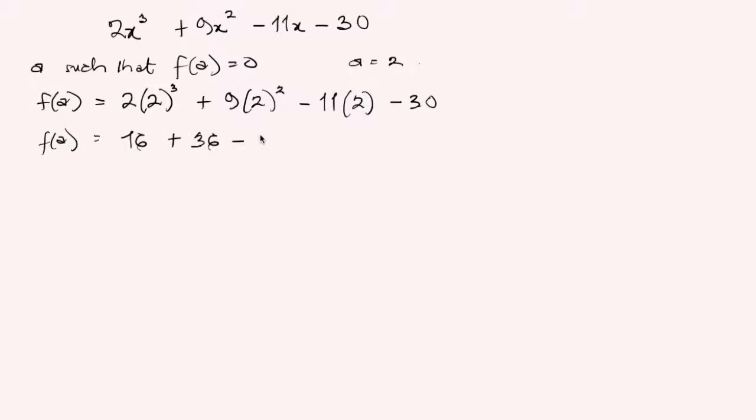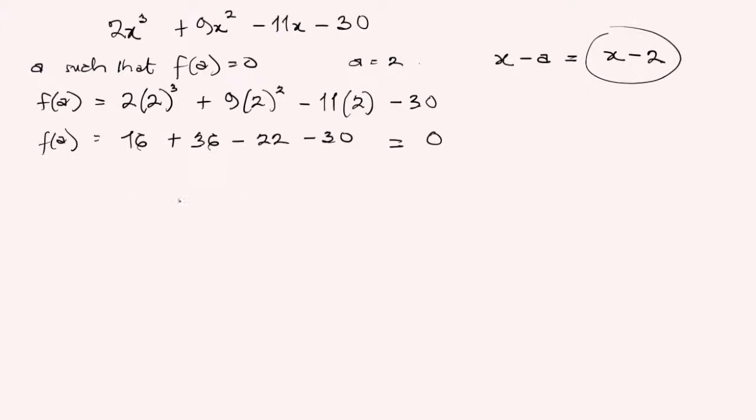Minus 11 times 2, which is 22, minus 30. 16 plus 36 is equal to 52. 52 minus 22 is equal to 30. And 30 minus 30 is equal to 0. So a equals 2, as I've said. And the value of x minus a is equal to x minus 2. So we have our first factor, x minus 2.